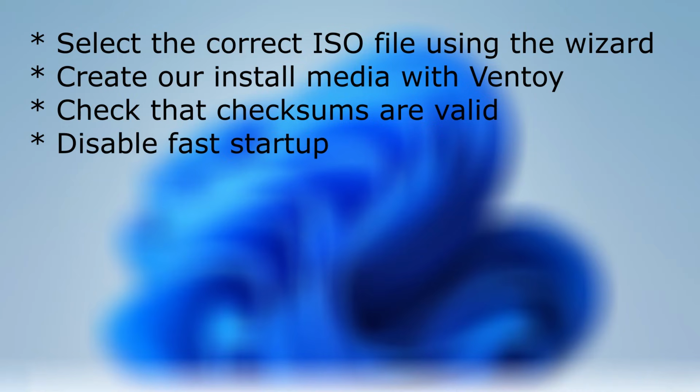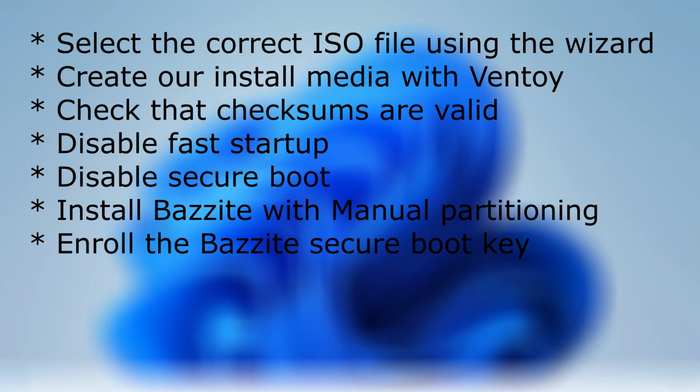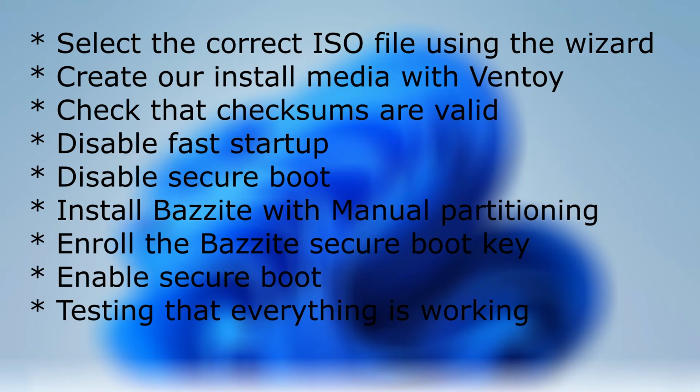Next, we'll disable Windows's fast startup feature. We'll disable Secure Boot. Then we're off to install Bazzite. Next up, we enroll the Bazzite Secure Boot key in the MOK config screen. Finally, we'll turn Secure Boot back on again. And lastly, we'll double check that both Bazzite and Windows 11 are booting.